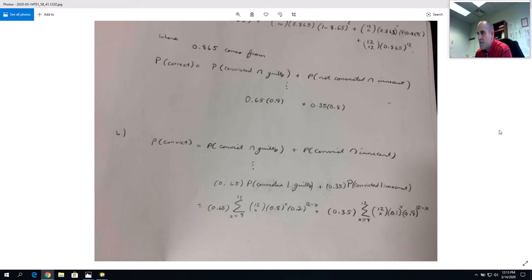Okay, and that second probability, yeah, you can compute that using a binomial, because basically what you have to do is just think about the 12 jurors as individual trials. So you can use the Bernoulli distribution.